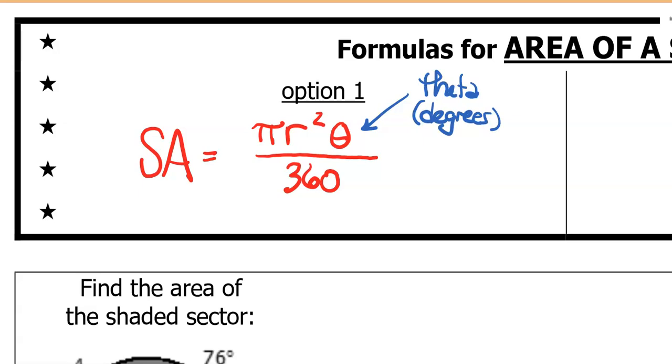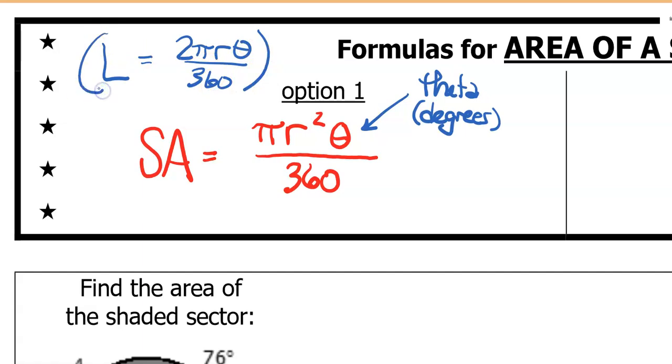And you'll notice, hopefully, that this looks an awful lot like what we saw with arc length, 2 pi r theta over 360. The only difference is that arc length was part of circumference, so we used circumference. Sector area, rather, is part of the full area, so we did pi r squared instead. Same idea.